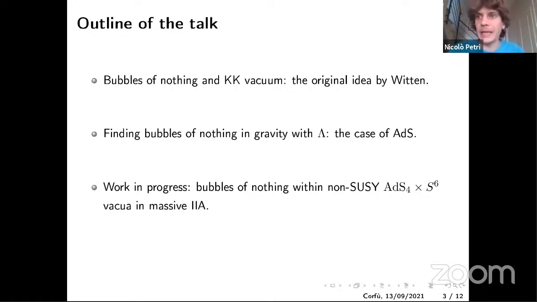We know there are many examples of non-supersymmetric AdS vacua that we encounter in perfectly working compactifications, consistent truncations. So we will study a very concrete example, an AdS4 vacuum worked out in massive IIA with an internal space given by a 6-sphere, and we will see what we can say on stability or instability.